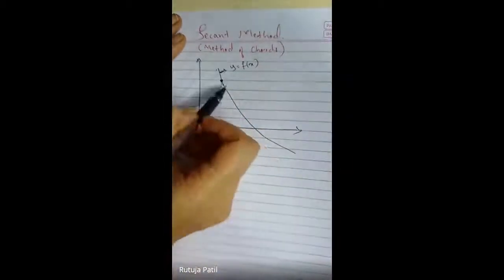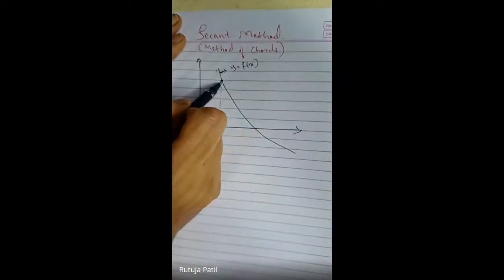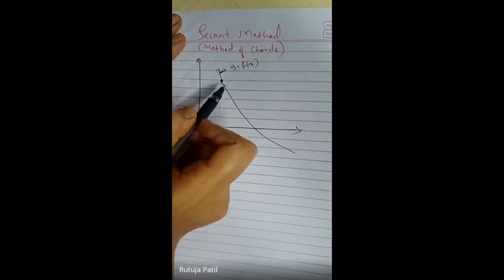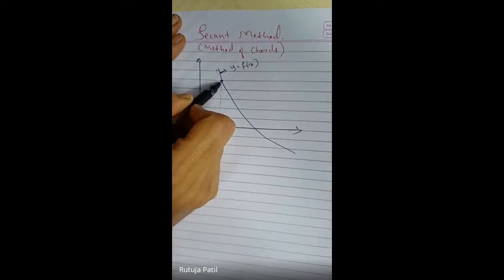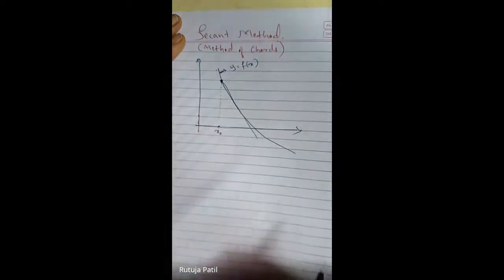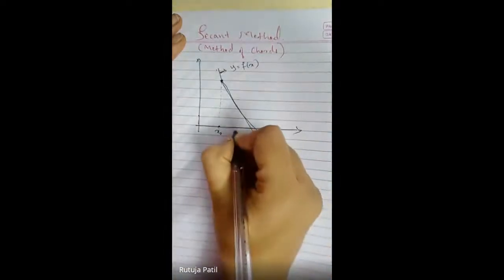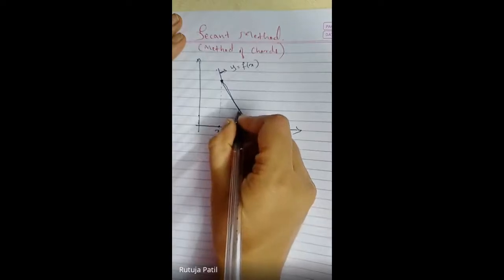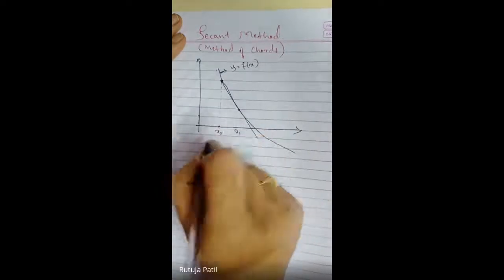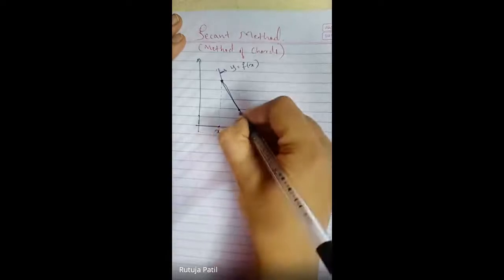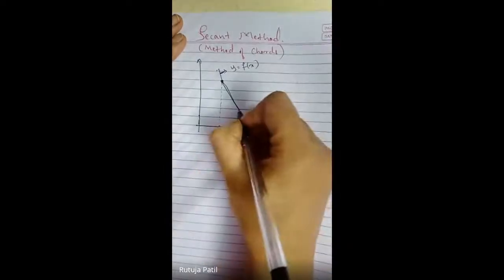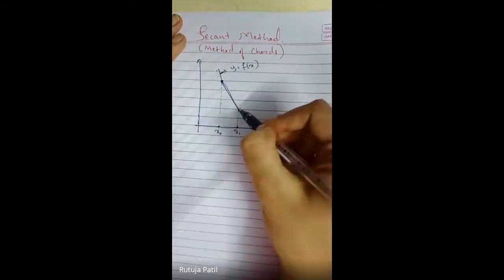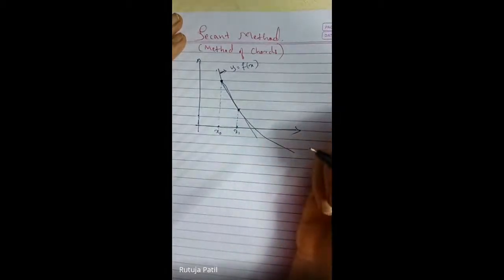Now if I draw another chord at this point, I get a line like this. This point I get by substituting x naught in the formula, and I get x1. When I substitute the value of x1 in this equation, I get this point.